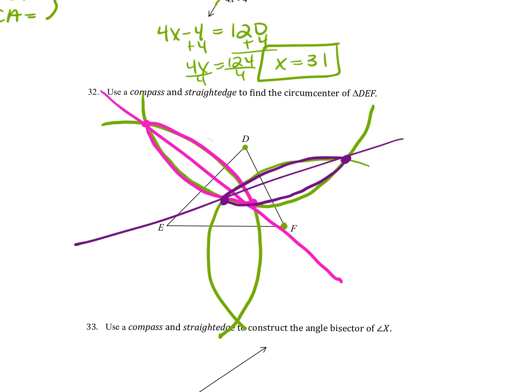And then you're going to pick the last point and follow that around to where they meet up and draw that line in, okay? And what happens is all three of those should meet at one point, and that will be your circumcenter, okay?